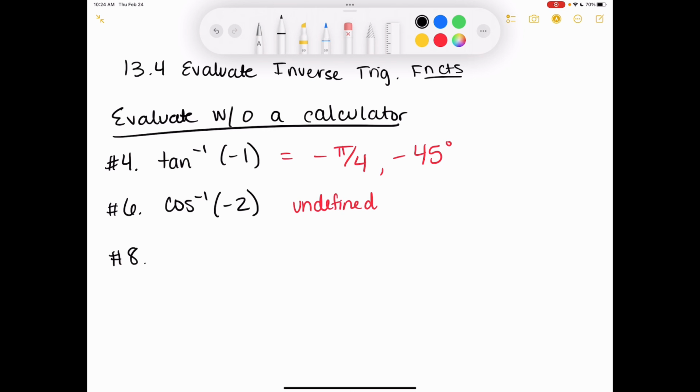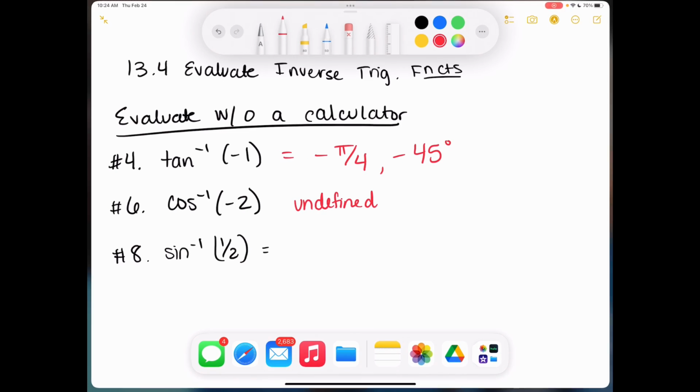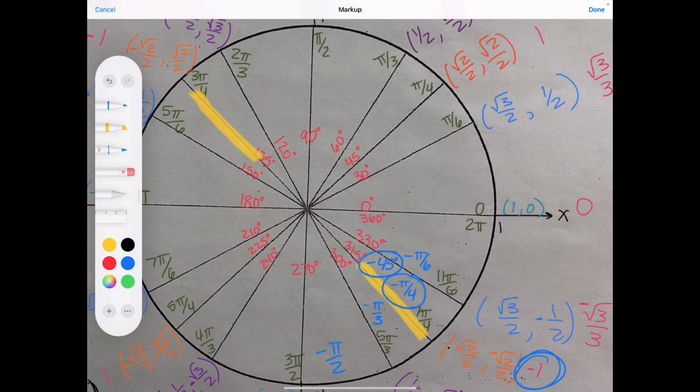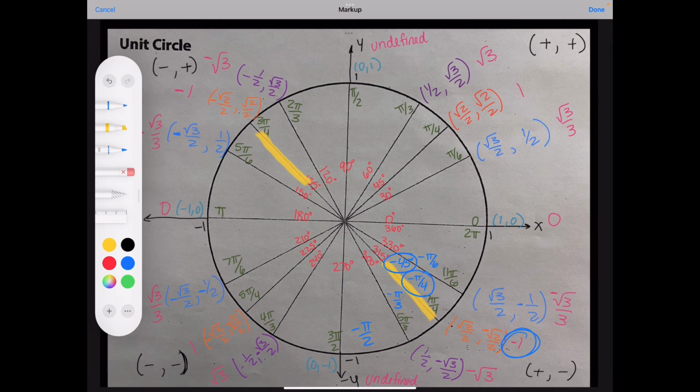Alright, so the number 8 is the arc sine of 1/2. Okay, so I'm going to go, where did we say sine occurs? On the right, standard.